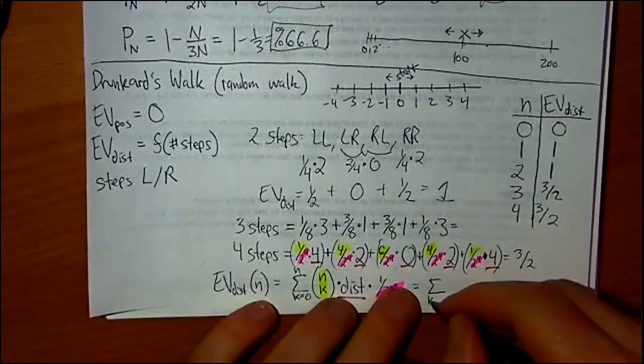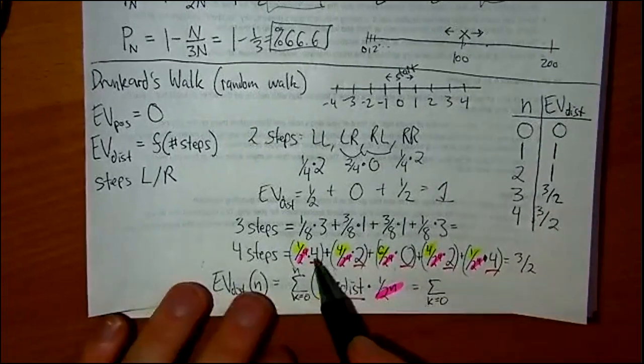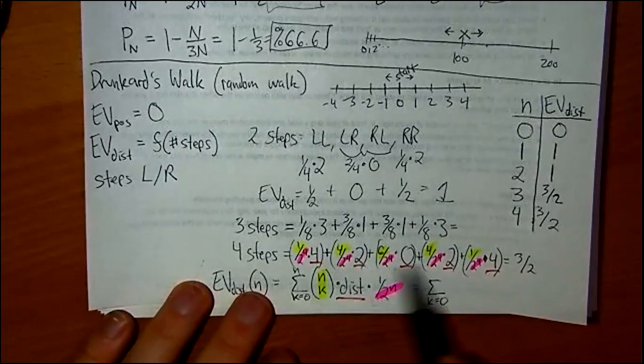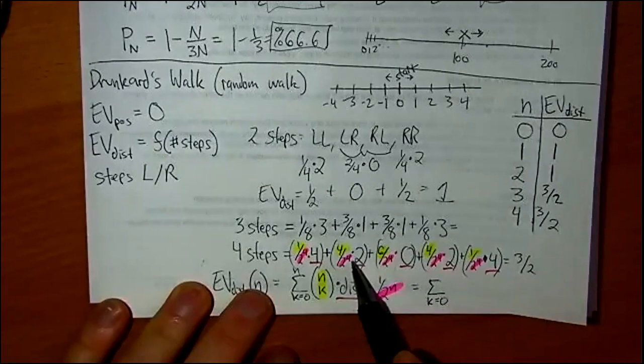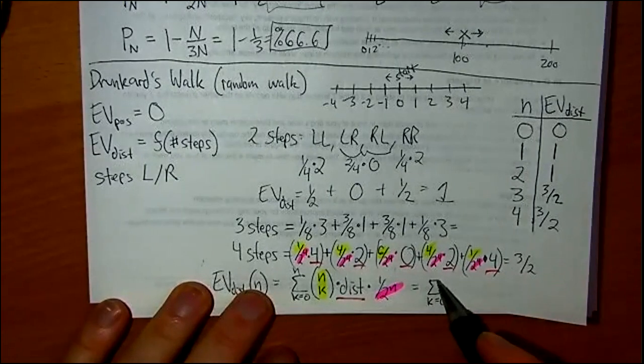So I go from k equals 0 up till how much? Well, for 4 steps, I want 0 and 1. So I would go k equals 0, k equals 1.